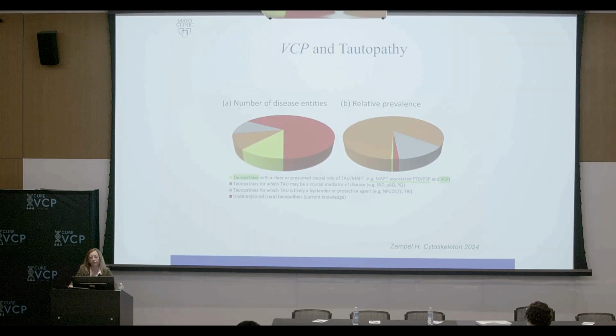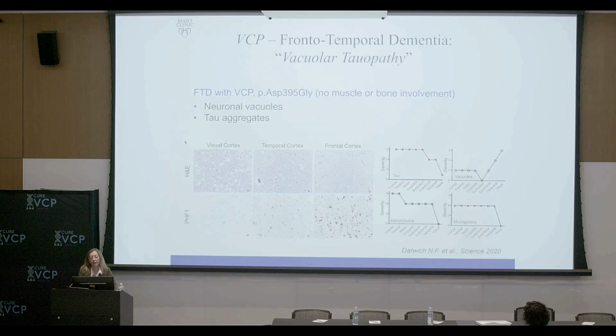They encode all the isoforms of tau, 6 of which are expressed in the CNS, which leads to accumulation of tau in brain cells. But VCP is also mechanistically linked to tauopathy. Now, this information comes from a recent paper that describes a form of frontotemporal dementia defined as vacuolar tauopathy.